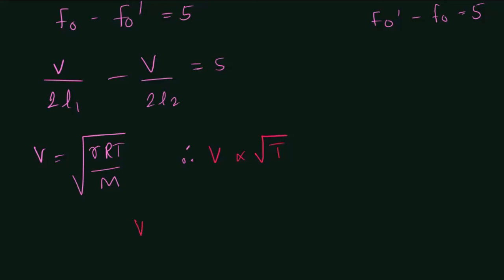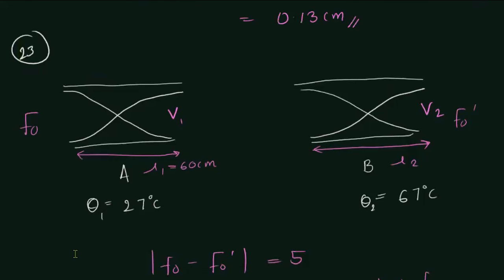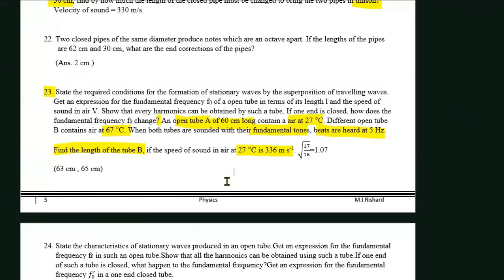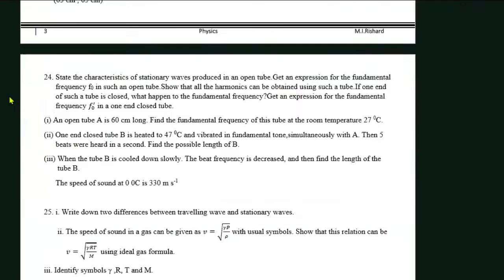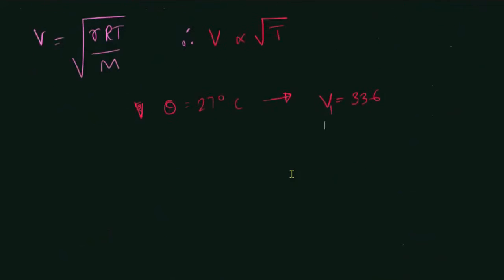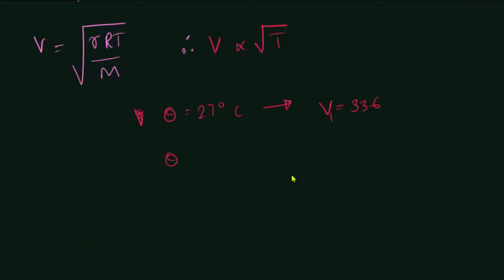They have given that when the temperature is 27 degrees Celsius, the velocity is 336. We have to find the velocity when the temperature is 67 degrees Celsius.